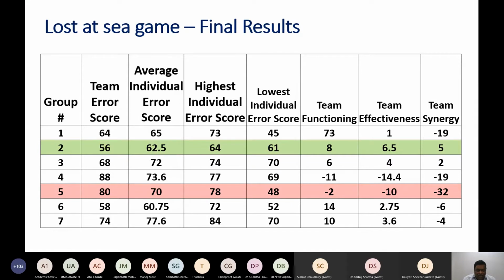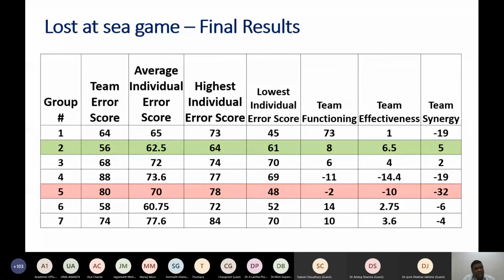Which means before starting the game, no one was sure about the correct logic. Lost at Sea, no one would have experienced that kind of incident in their lives. That's why it's a very unique situation that we give. So all of them are at the same level, on the same platform.